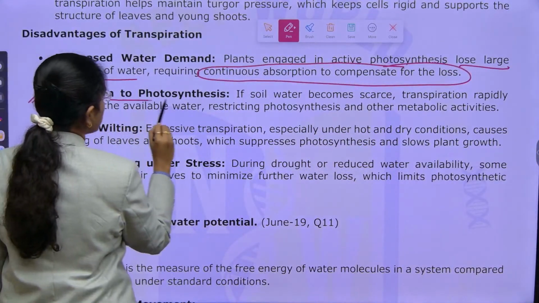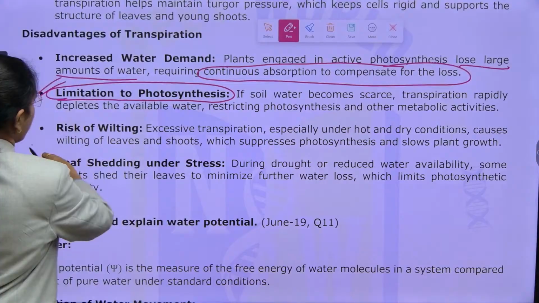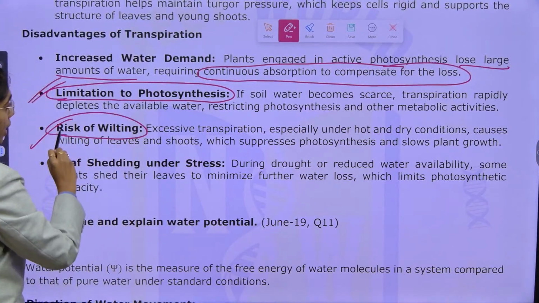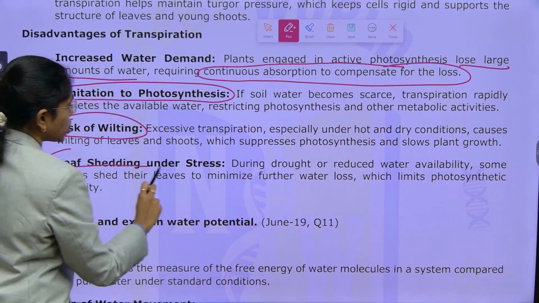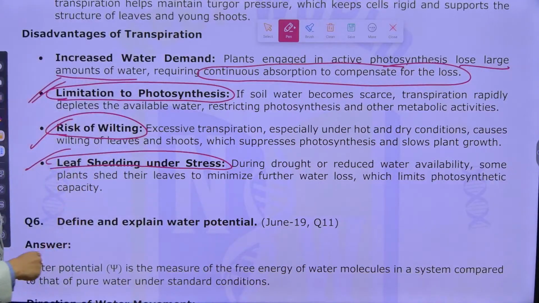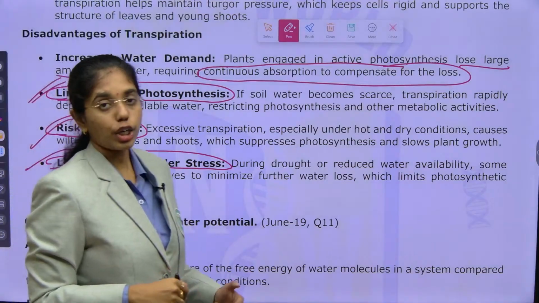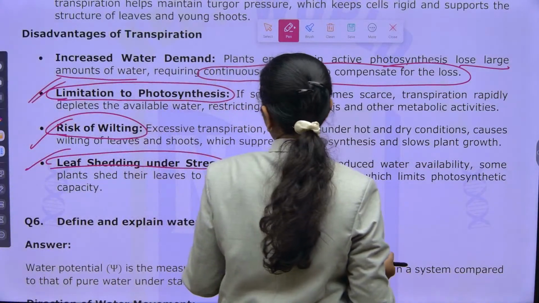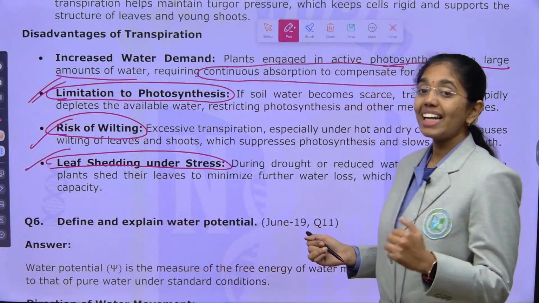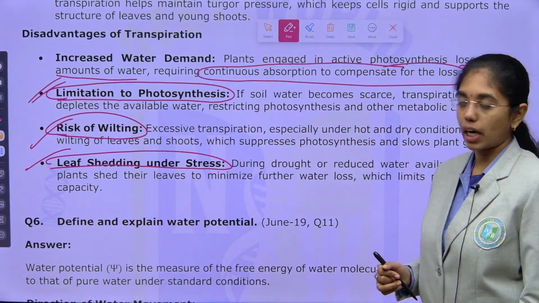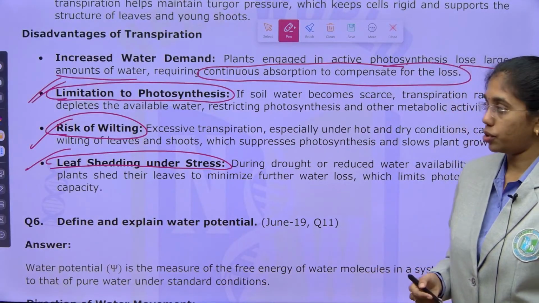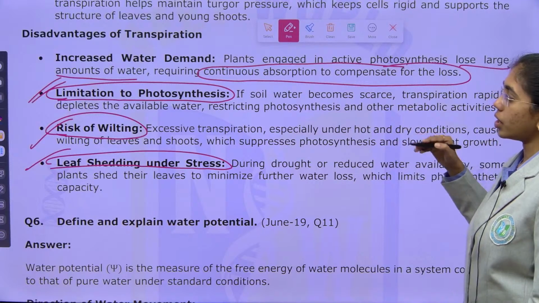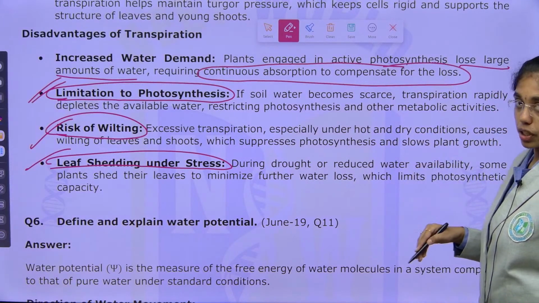How is photosynthesis limited? Next, risk of leaf wilting and leaf shedding under stress because of continuous transpiration. The leaf will shed and wilt under stressful conditions, especially heat stress. So, these are the major disadvantages of transpiration.